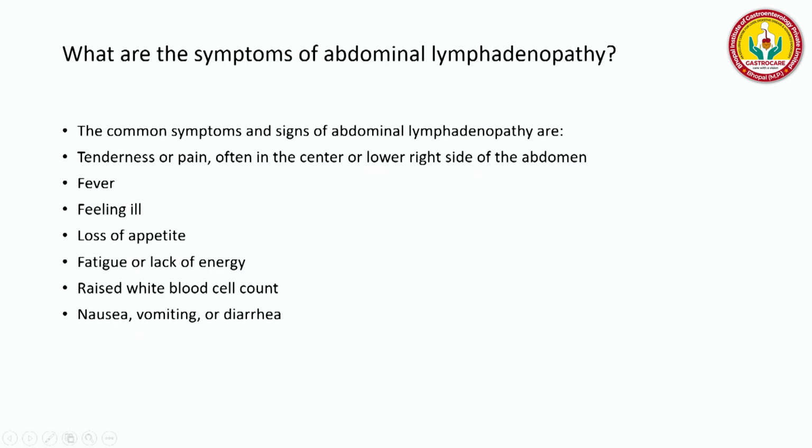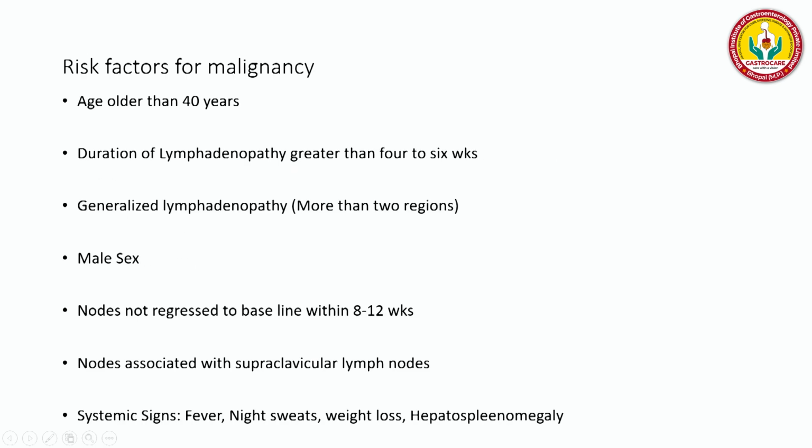So what are the symptoms of abdominal lymphadenopathy? Most common are tenderness or pain, most often in the right lower quadrant, fever, a feeling of illness, loss of appetite, fatigue, lack of energy. All the symptoms of abdominal lymphadenopathy are very vague.